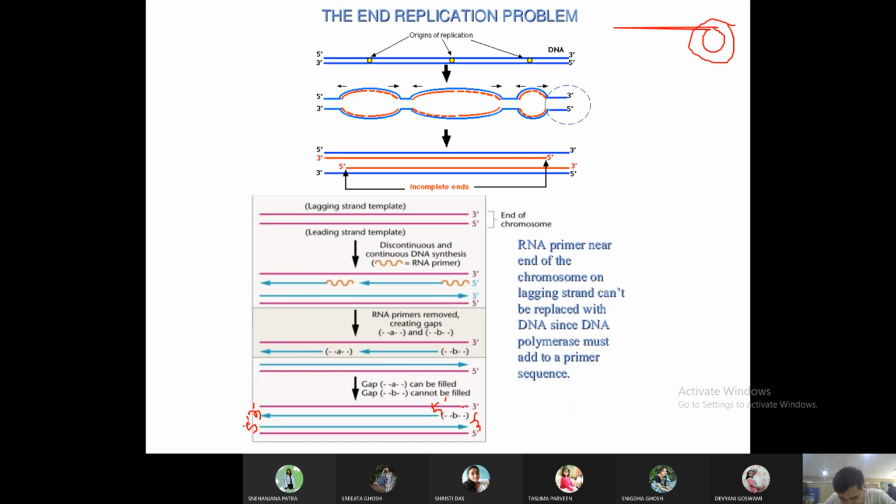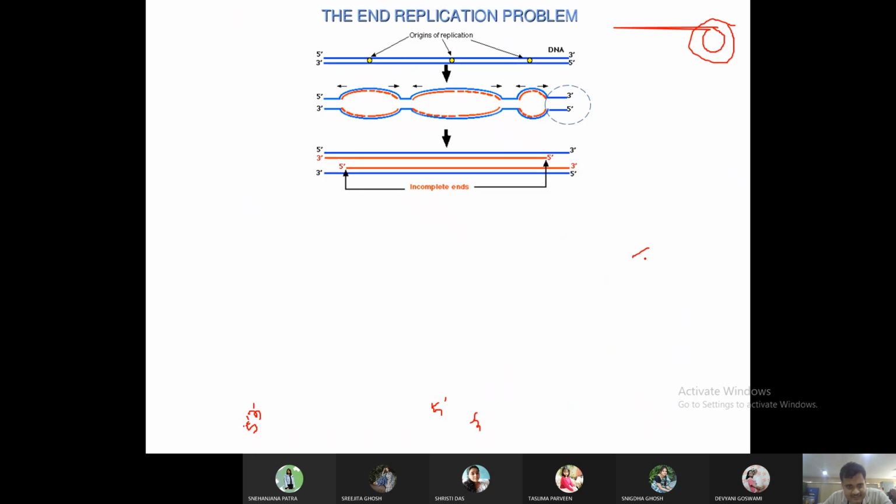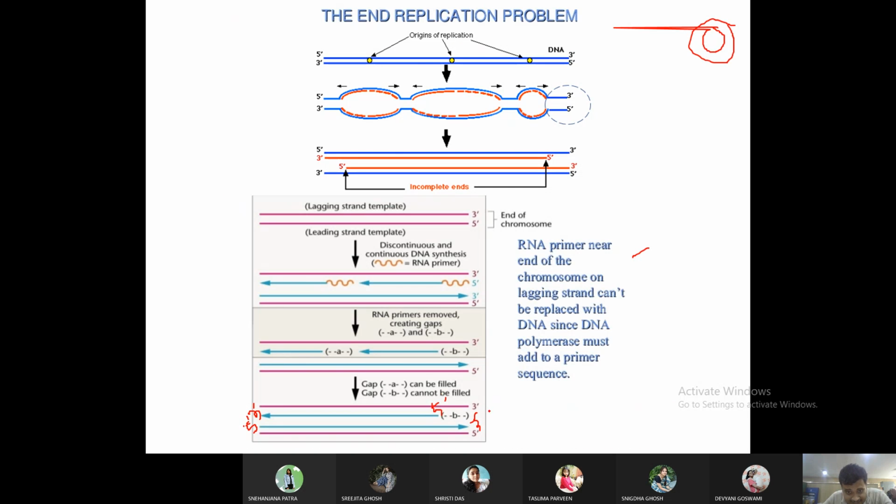So the strategy is that at the end of the DNA, we don't keep any important genes. Instead, we have repeated DNA, like the sequence we just told, TTAGGG. At the end of the DNA we have the sequence TTAGGG, only this sequence replicated many times.